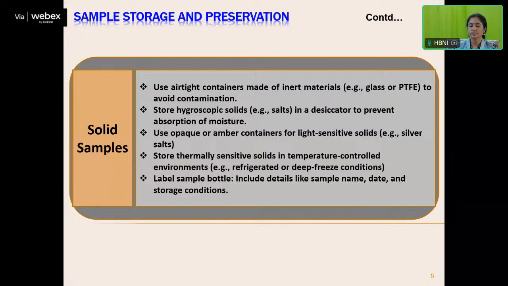Then hygroscopic solids, like salts which can absorb moisture, should be kept in a desiccator to prevent absorption of moisture. Use opaque or amber containers for light sensitive solids like silver salts. Then thermally sensitive solids should be kept in a temperature controlled environment, like you may refrigerate it or use deep freeze conditions.